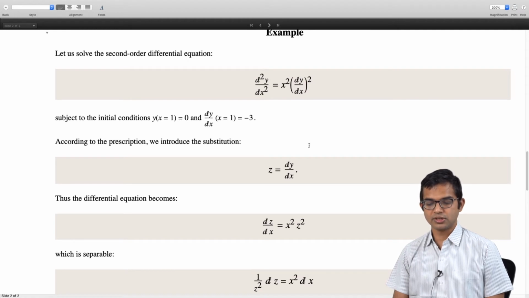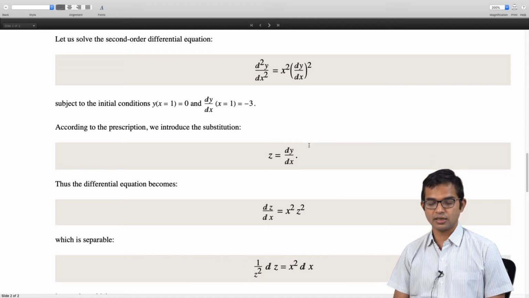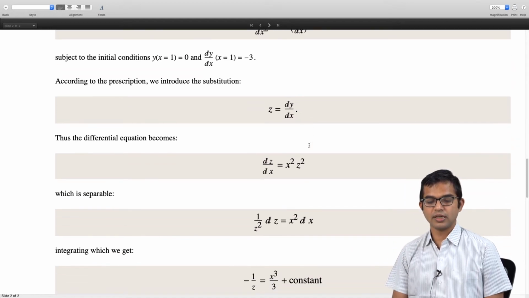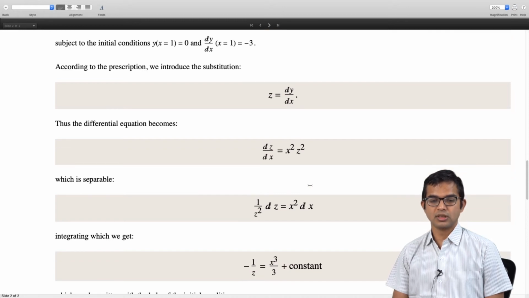So you have 1 over z squared dz is equal to x squared dx, which can be integrated, and we have minus 1 over z is equal to x cubed divided by 3 plus a constant. But we have this initial condition dy by dx at x equal to 1 is equal to minus 3. So when x equal to 1, z is going to be minus 3.